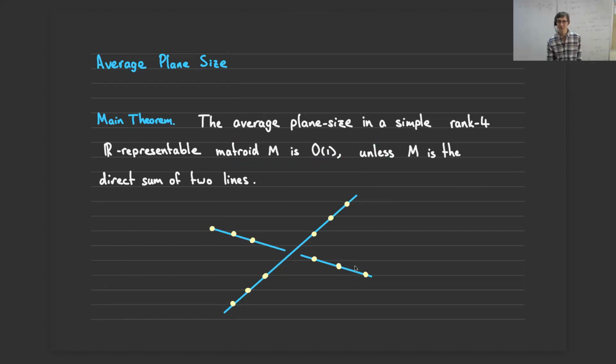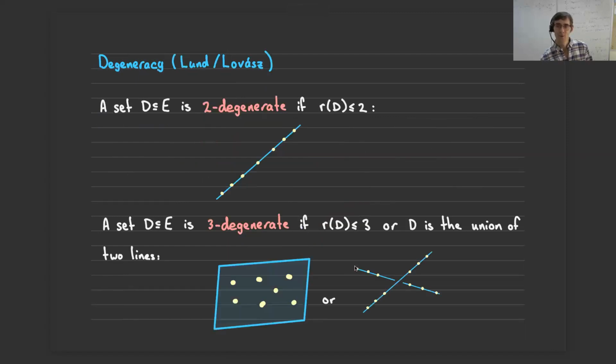Okay, so let's move on to average plane size now. So there's just a statement of the results. I'm going to give a very quick sketch of a proof of that. I could state this part of the result without going into the definition of 2 degenerate and 3 degenerate sets, but for higher ranks it's a good place to do it.